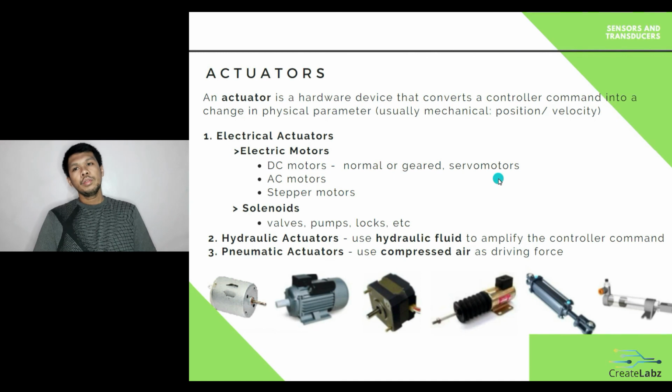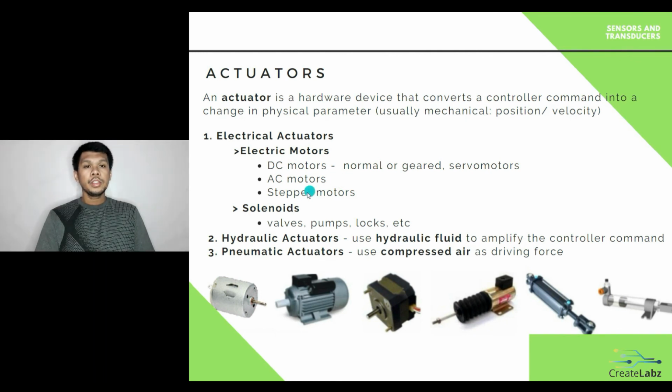Like if you want to control 0 to 90 degrees rotation or 0 to 180 degrees rotation, like that. For AC motors, you power them with AC voltage. These are more commonly used in industrial applications. So the way to control this is usually using a VFD or variable frequency drive.